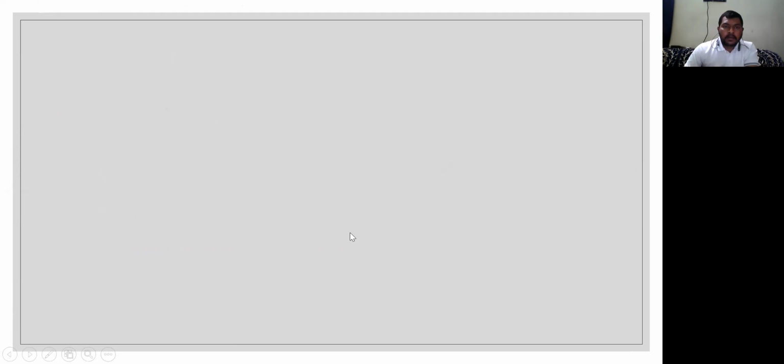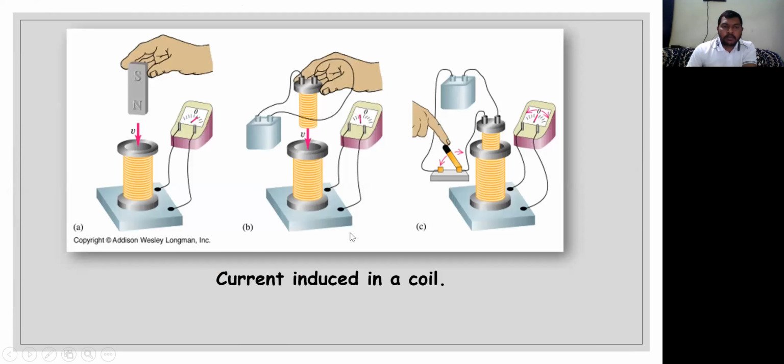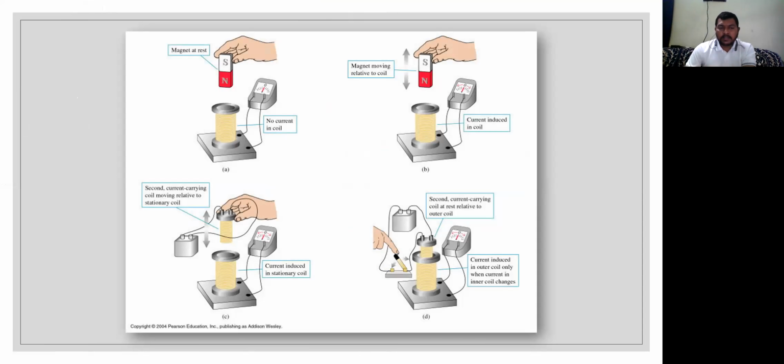Then these are some more examples where we can induce current in a coil. These are the types in which we can do that. The same concept, electromagnetic induction, can be used in this fashion also.